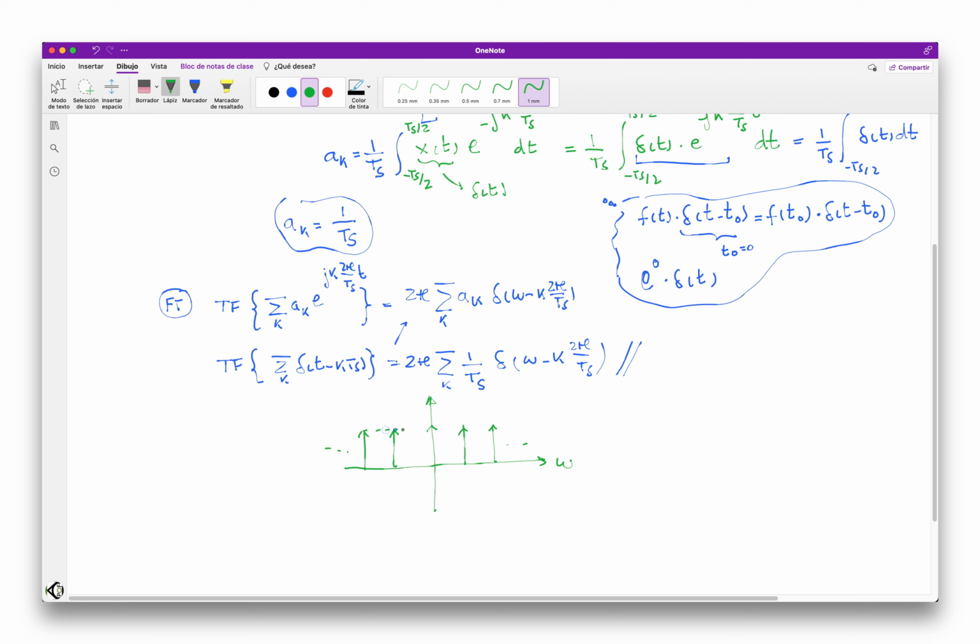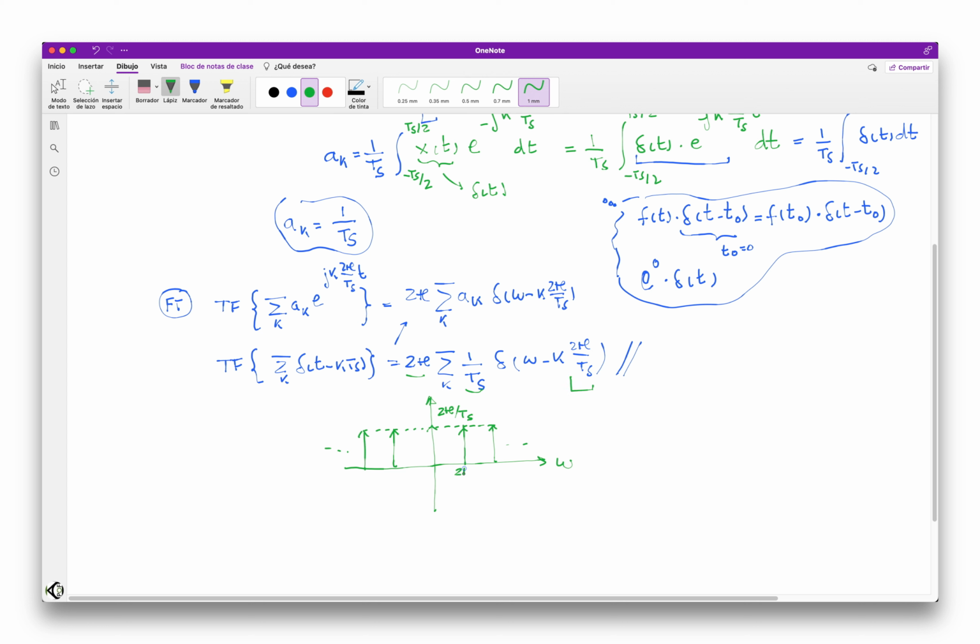But with two differences with respect to the original train of deltas. First, the amplitude or the area of the deltas is no longer 1, but 2 pi divided by Ts. This is the first difference. And second, the separation between them is no longer Ts, but 2 pi divided by Ts.